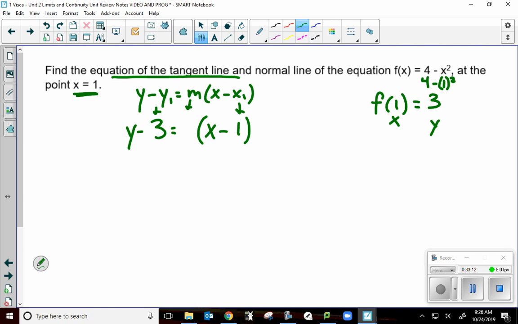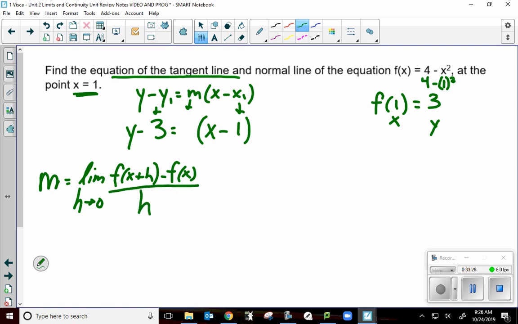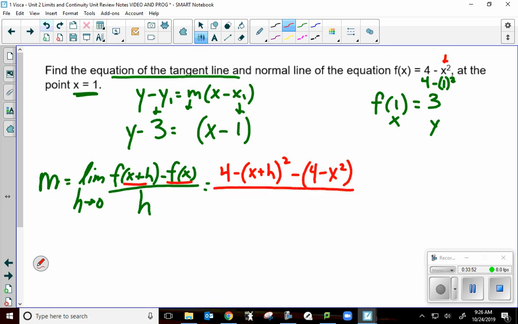The only thing I need is my slope. My slope is the limit as h goes to 0 of f of x plus h minus f of x all over h of my function. So I'm going to take x plus h and throw it into this x here. So it is 4 minus (x plus h) squared minus the original function, which is 4 minus x squared, all over h.